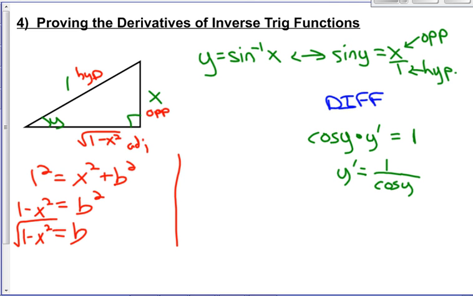Now I can just sub that in. Cos y means adjacent over hypotenuse. So I'm going to get 1 over adjacent, which is root 1 minus x squared, over hypotenuse, which is 1.